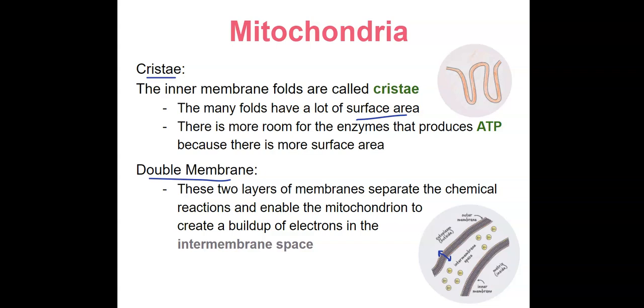It also enables the mitochondria to create a buildup of electrons, which helps to power the entire process of cellular respiration. Again, you do not need to know which part of the mitochondria is used for the ETC or any of the other specific parts of cellular respiration, but it's just kind of helpful to know the different parts to give us that grander picture in our head.